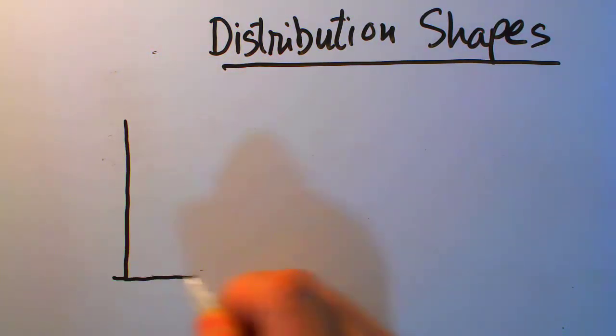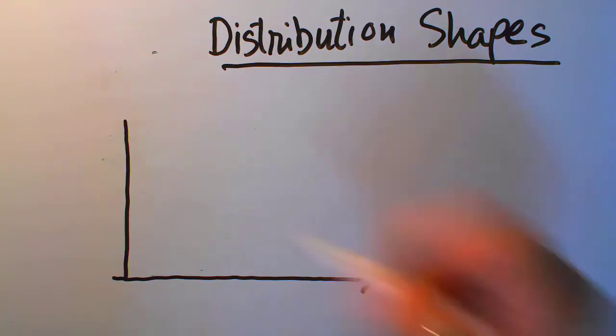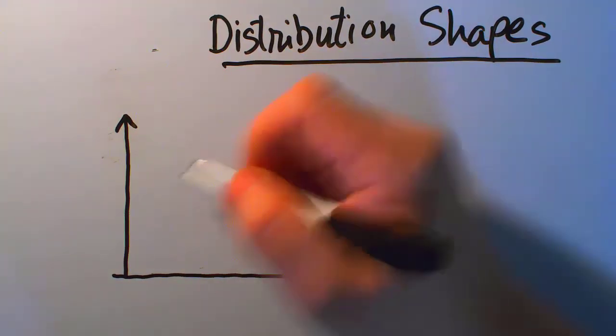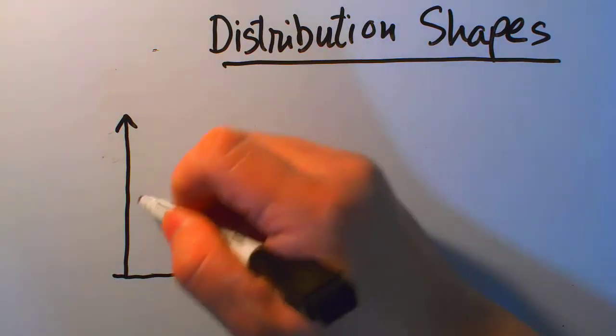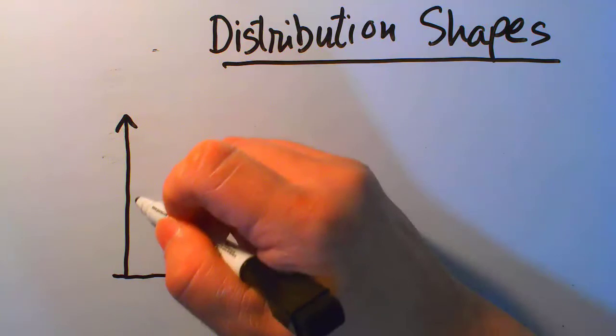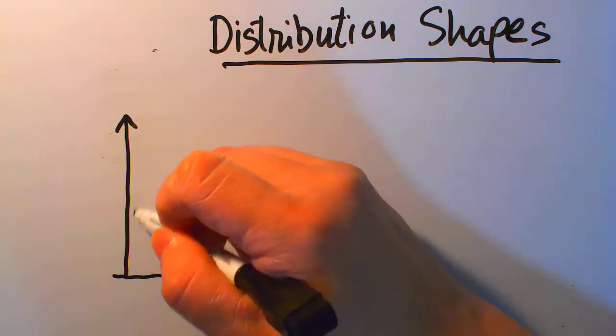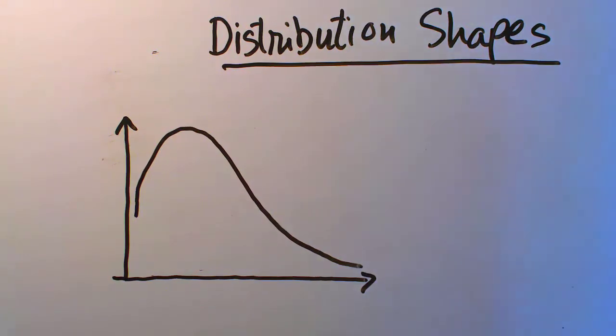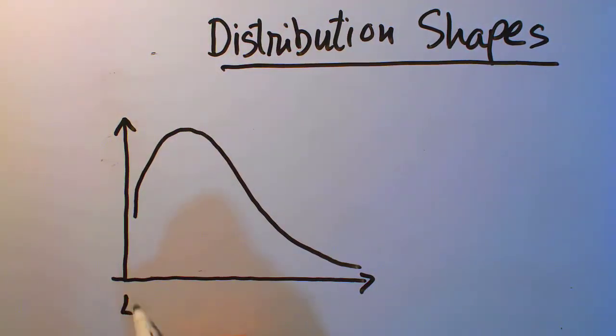Pretending that you're working with a gigantic data set, sometimes after constructing a lot of histogram bars, your distribution shape turns out something like this. How I see that is that this data has low values, and high values to the right-hand side.